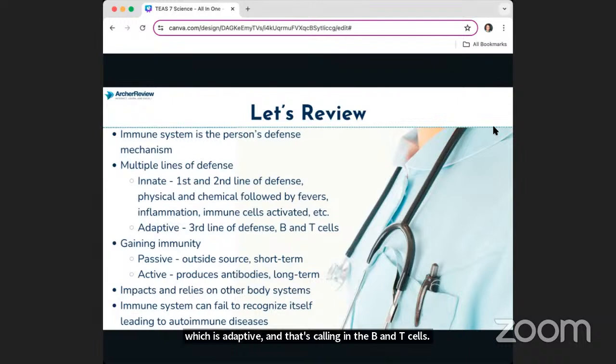You can gain immunity through two routes: passive immunity, which is using an outside source, typically short term, or active immunity, which is producing your own antibodies from within, and it is long term. It impacts and relies on other body systems, and your immune system can fail to recognize itself, which can lead to autoimmune diseases.